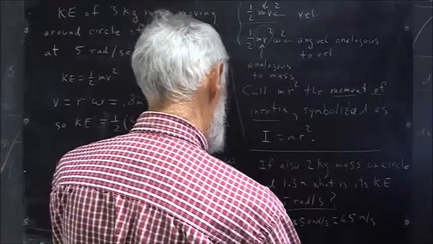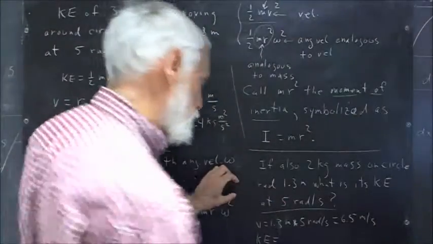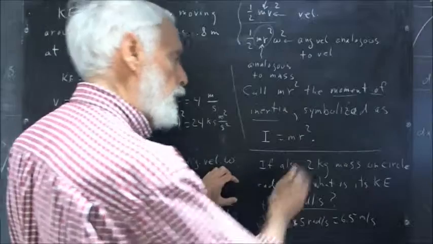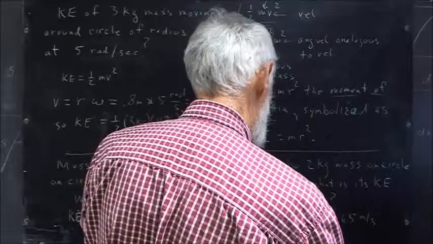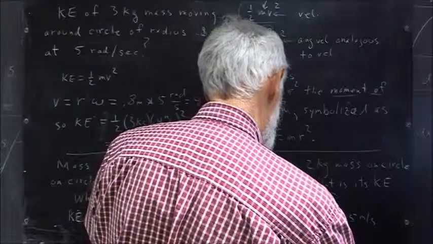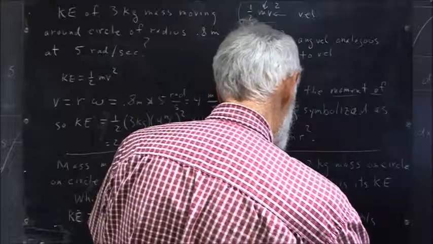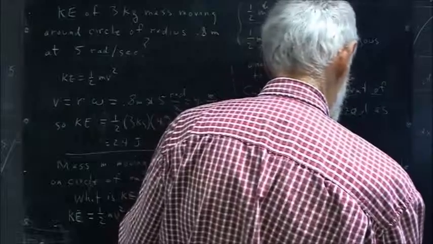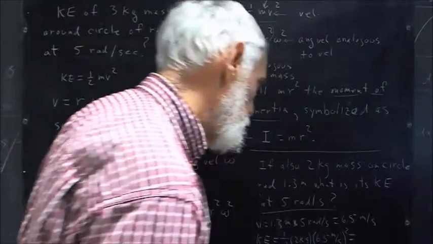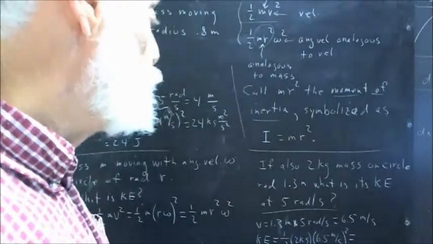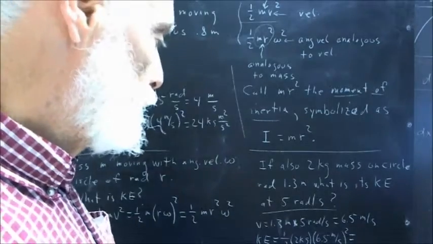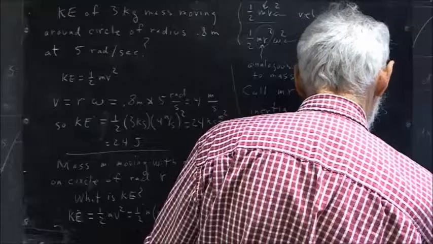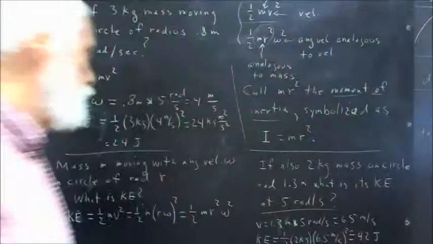Its kinetic energy is 1/2 mv squared, 1/2 times 2 kilograms times 6.5 meters per second, squared. And if we square 6.5 meters per second, we get about 42 meters squared per second squared. So that's approximately 42 joules.